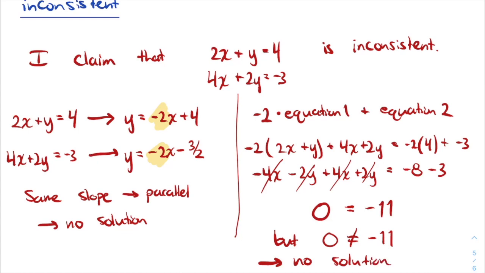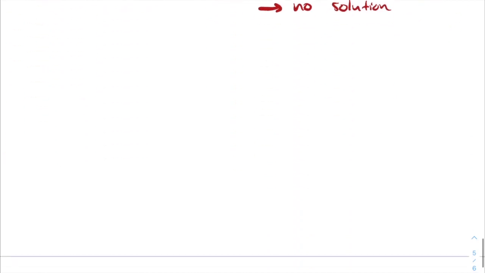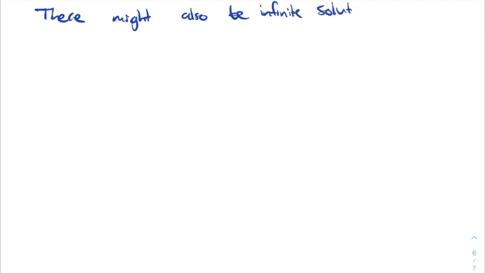So that's two ways that we can see when a system is inconsistent. There might also be infinite solutions. Here we call this system redundant.